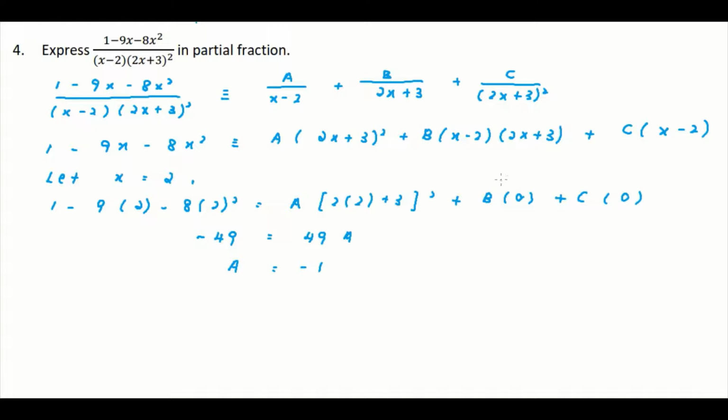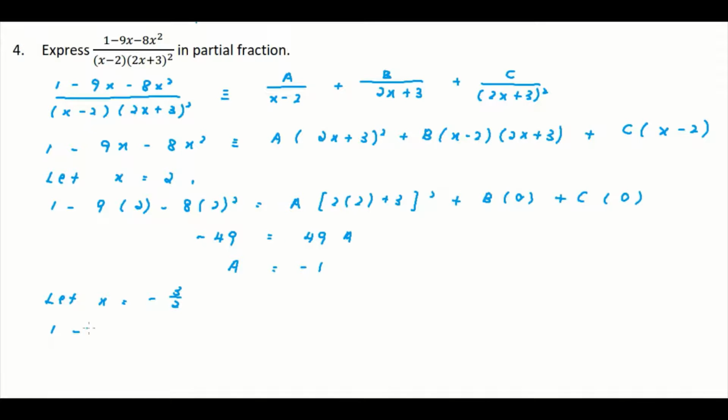So let's continue with B. So to get B, what do you think? Yeah, so you see for A and C, they do not have the common factor. So maybe for this case, let's try to get C first. So for us to get C, you might need to let your x be negative 3 over 2, because the common factor is 2x plus 3.